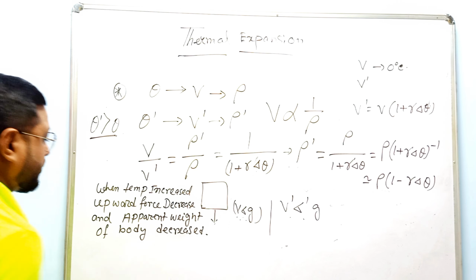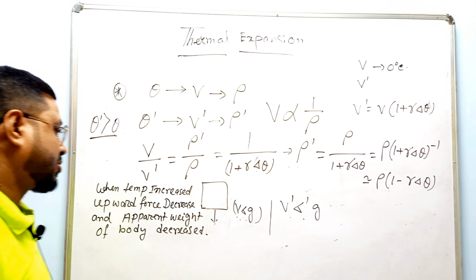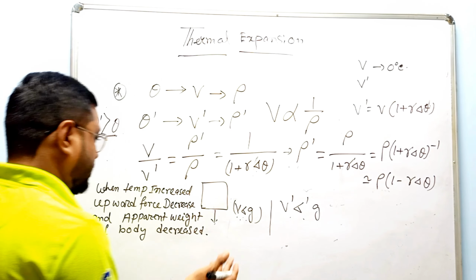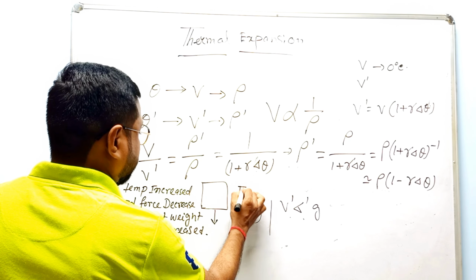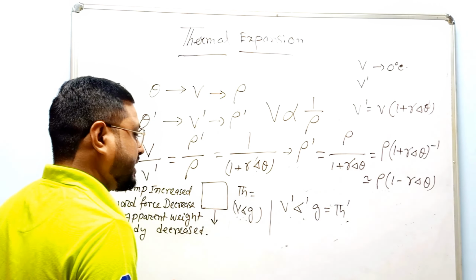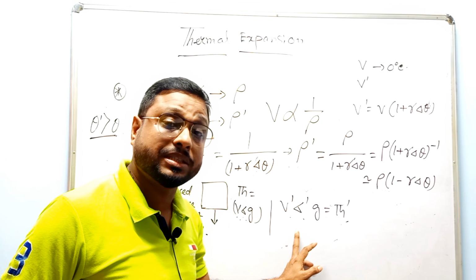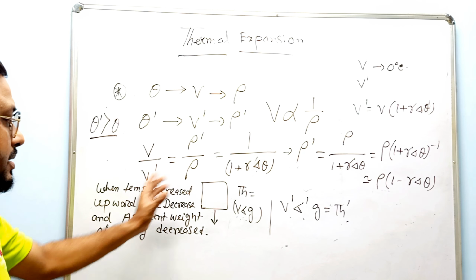You have to write this in your copy, okay? This can be explained numerically. If the upthrust is TH and TH dash, then take the ratio TH by TH dash, with V dash equal to V into (1 plus gamma delta theta) and sigma dash equal to sigma into (1 minus gamma delta theta), and we reach this conclusion.